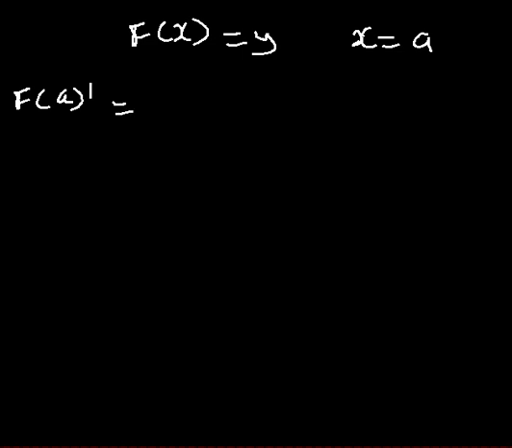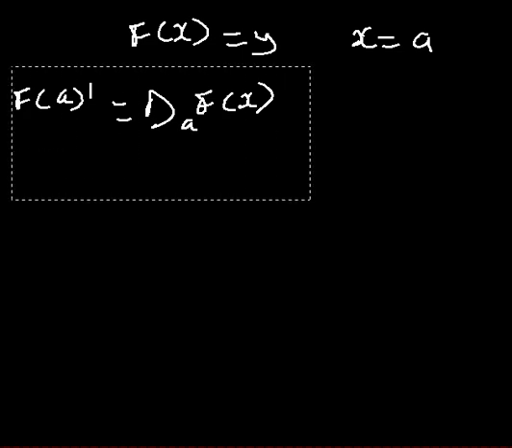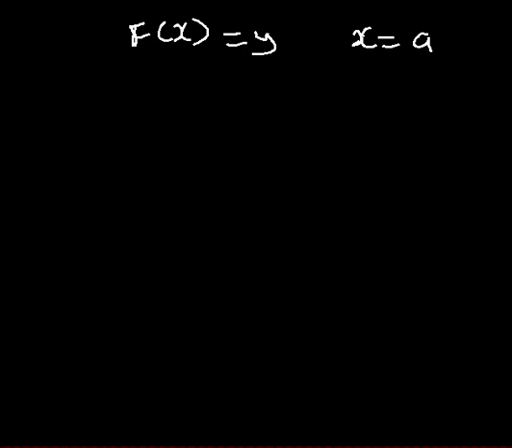And of course, this is also the same as having a D of f at x equal to a. That is another notation you can use. Otherwise the other notations might not work to present it like that, but this notation can also be used.